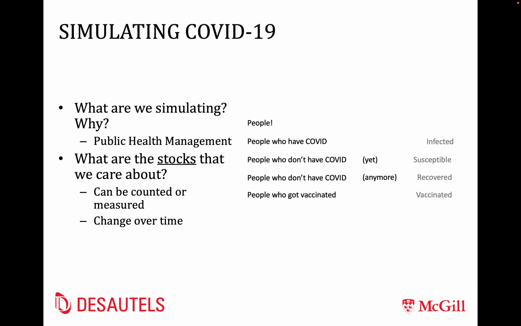I am going to be using some general terms for these because I don't want to keep saying people who don't have COVID yet and people who don't have COVID anymore. We're going to use some standard terms from similar models that were deployed during COVID: infected, susceptible, recovered, and vaccinated. Oftentimes you will hear models like the model we're going to build today referred to as SIR models, referring to susceptibles, infected, recovered, right?